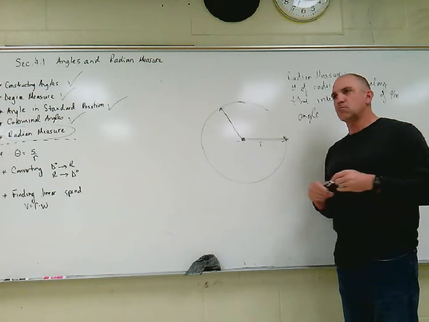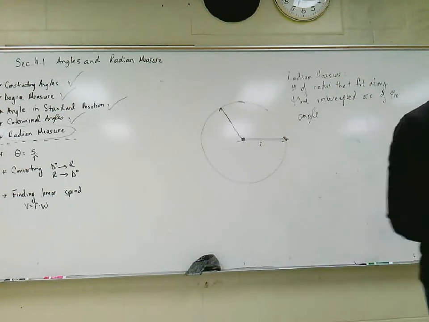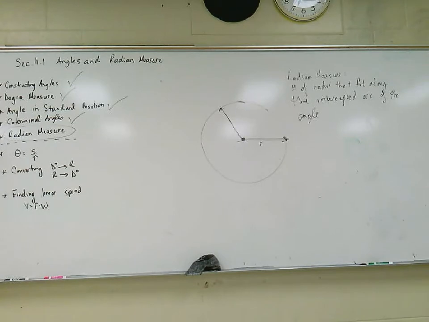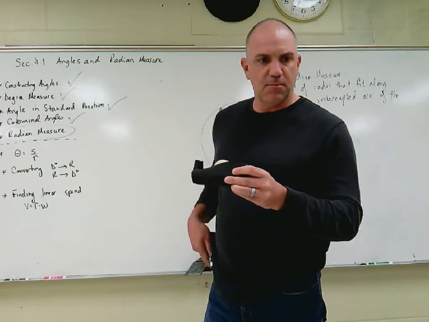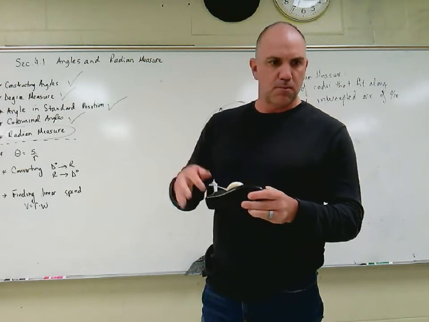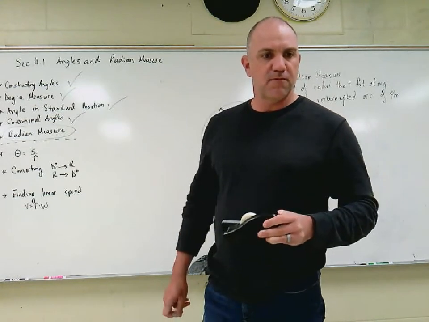Now, someone would think, well, how can I get a straight line to fit along the circle? Give me just a second. Here's how a straight line fits along the circle. You've got your tape, rolled up there, and look, a straight line can fit along the circle.